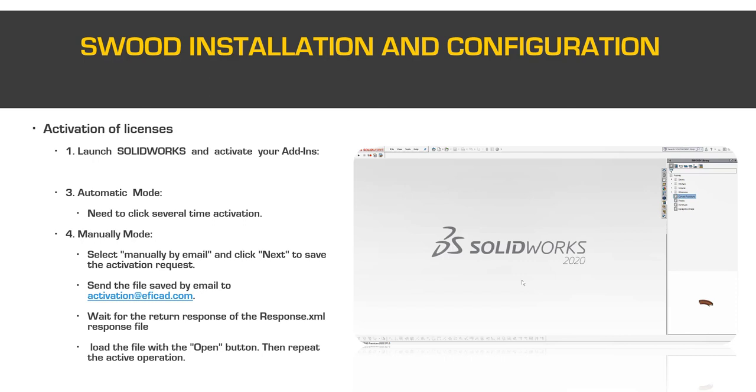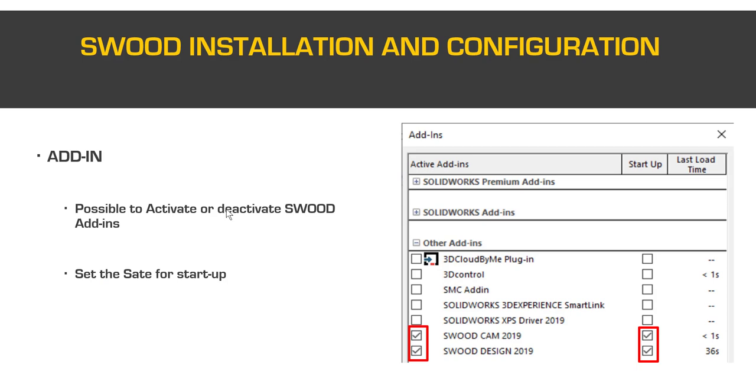We will see how to activate the SolidWorks add-in. So SWOOD is the add-in of SolidWorks. If it is not activated automatically, you need to activate this add-in manually. So you can directly go to Tools, Add-in, and here it will show you the add-ins window.